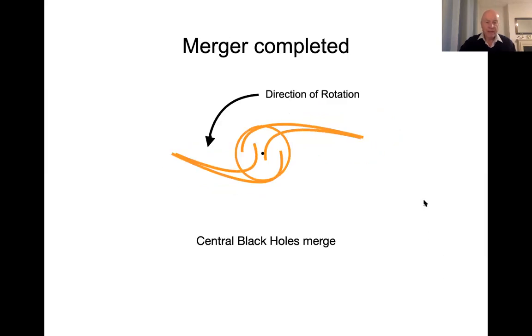So what then happens is that the two galaxies merge, and the remote ends of the ellipse become the tails of the spiral arm. And this then is an illustration of the merged galaxy.